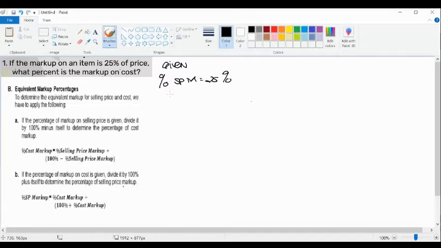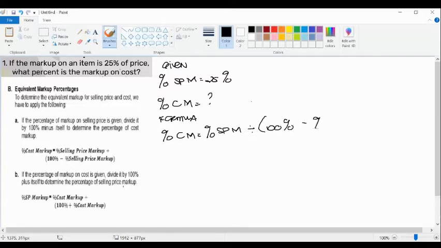And we're looking for the percentage of markup on the cost, which will give us a formula of percentage of cost markup equals percentage of selling price markup divided by 100% minus percent of selling price markup.